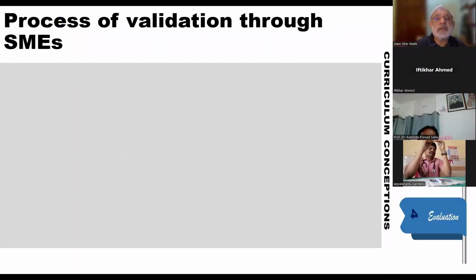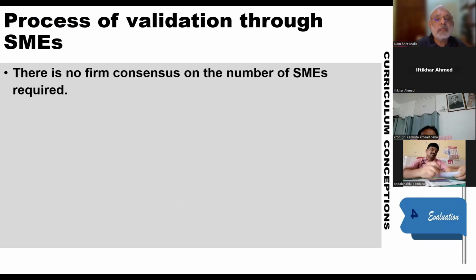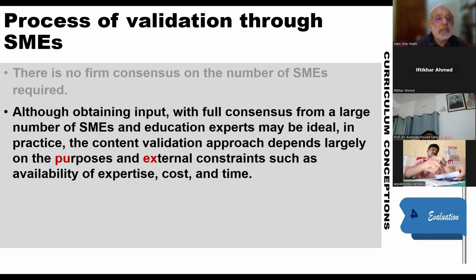The process of validation through subject matter experts. There is no firm consensus on the number of subject matter experts required. Although it would be ideal to have as many experts as possible for validation, we know that there are limitations to that.